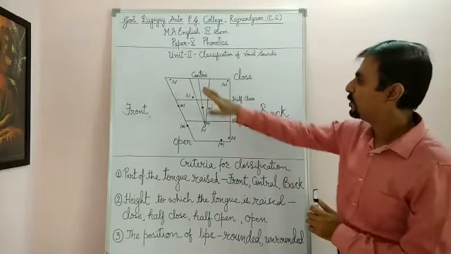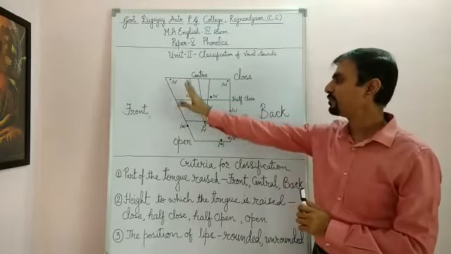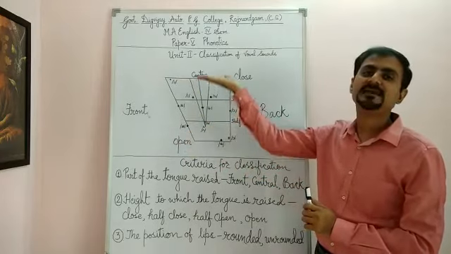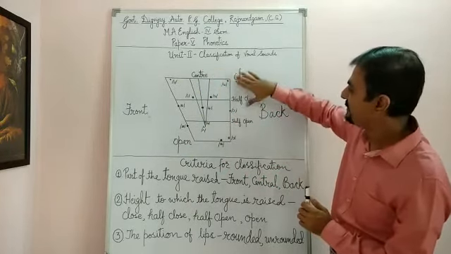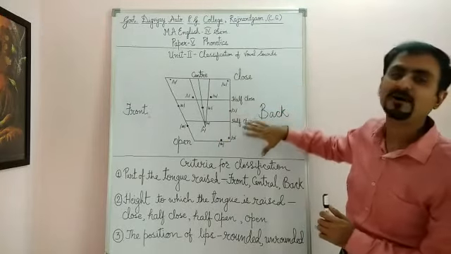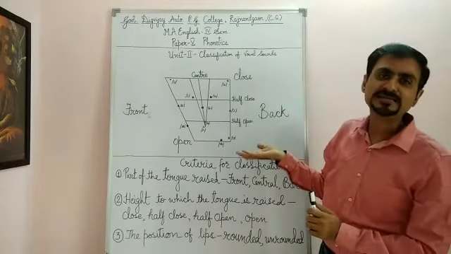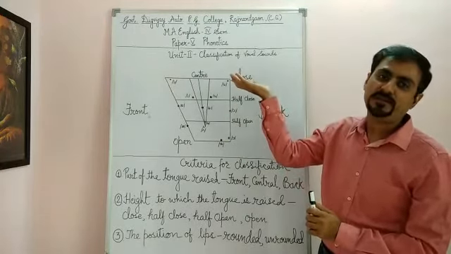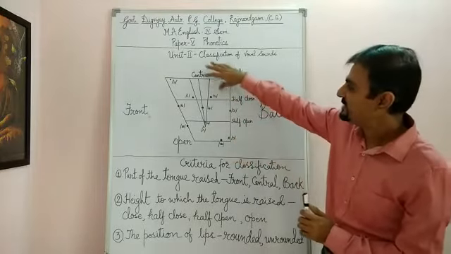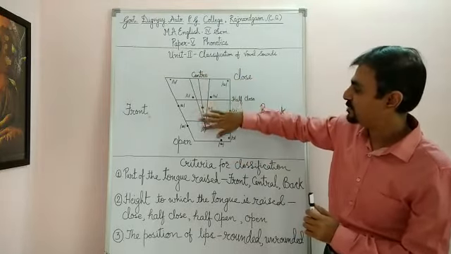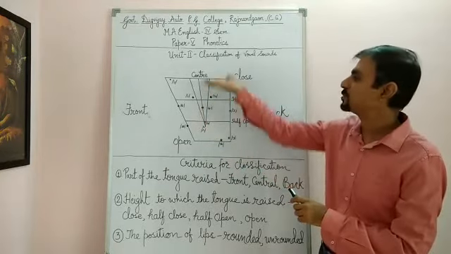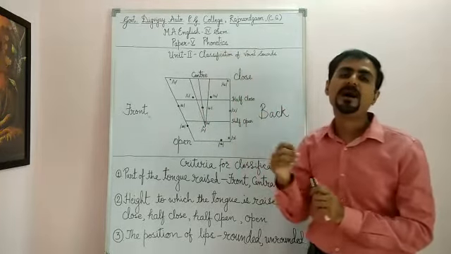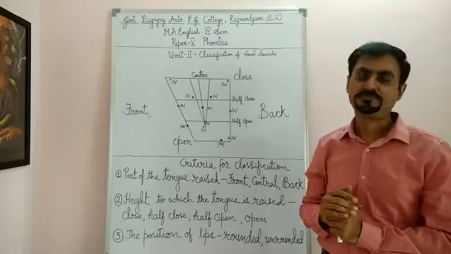That means while articulating the first 4, the front of the tongue is raised towards the hard palate. And while articulating the five back vowels, the back of the tongue is raised towards the soft palate. And when we say three central vowels, it means the center of the tongue is raised towards the point where the hard palate and the soft palate meet.